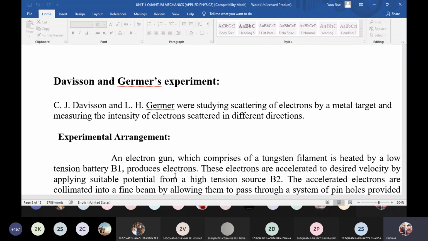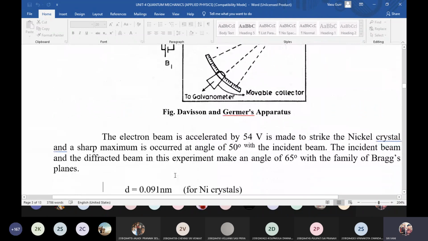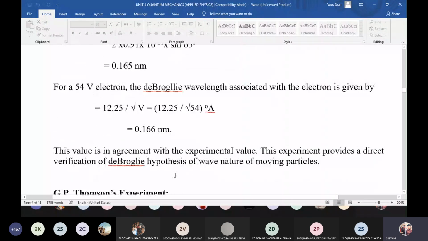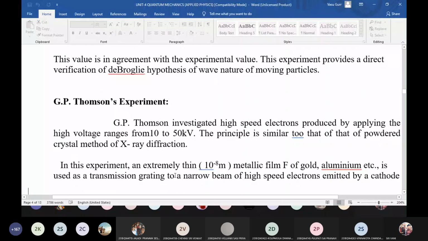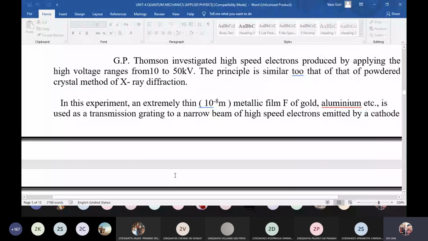That is the similarity. Next, what are the dissimilarities? Scientist names are different: Davisson and Germer for this experiment, and GP Thompson for the next experiment. Next, the experimental apparatus is also different. Next, the applied potential is also different. In the Thompson experiment also, they tested the matter waves, but the applied potential is very high.